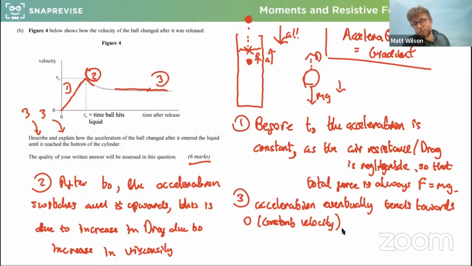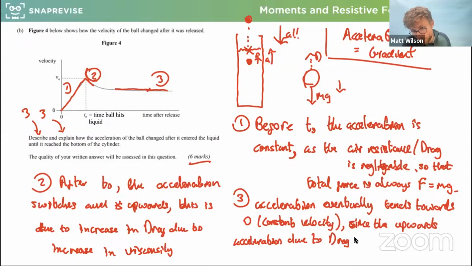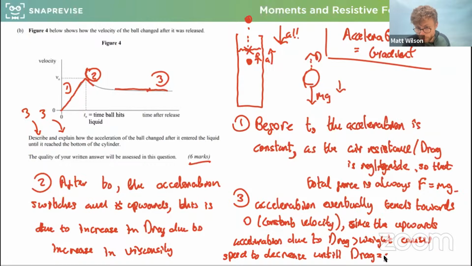Okay, why is this? This is since the upwards acceleration due to drag being bigger than the weight causes speed to decrease until drag equals weight.